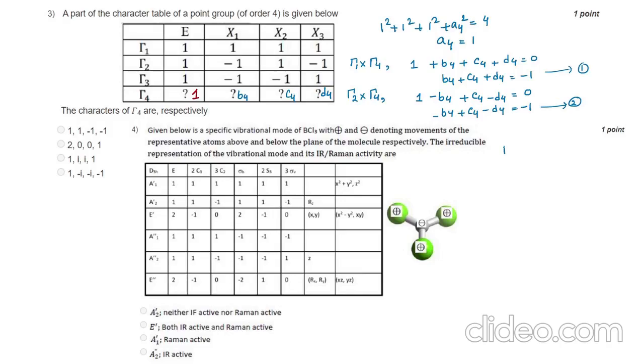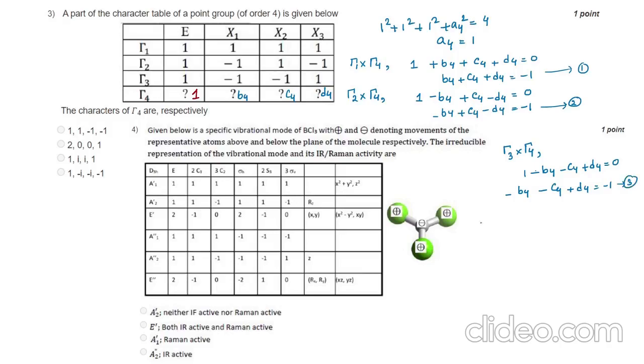Now again we have gamma 3 into gamma 4. That will lead to 1 minus B4 minus C4 plus D4 is equal to 0. That is, minus B4 minus C4 plus D4 is minus 1, that is 3.